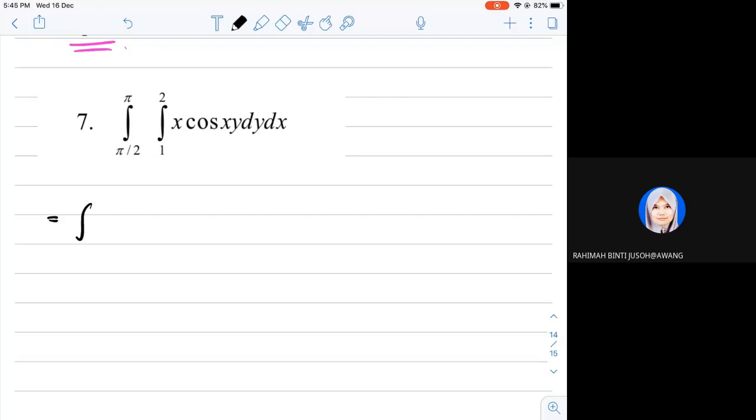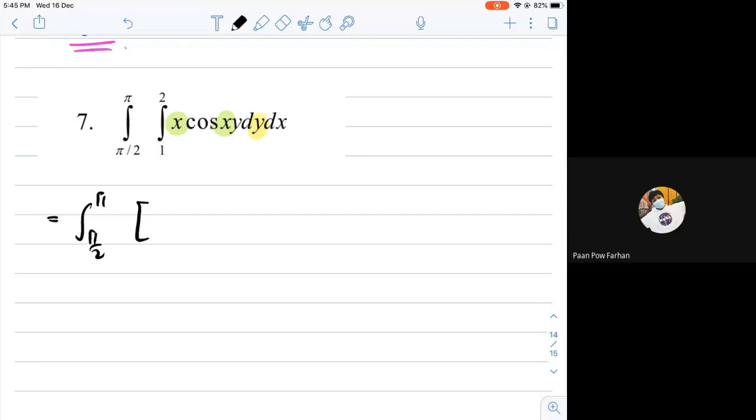So equals to pi over 2 until pi. Okay, now we want to integrate with respect to y. Okay, so x becomes the constant. I should highlight the constant as green color. Okay, so what happened, guys? Integrate x cos xy with respect to y.